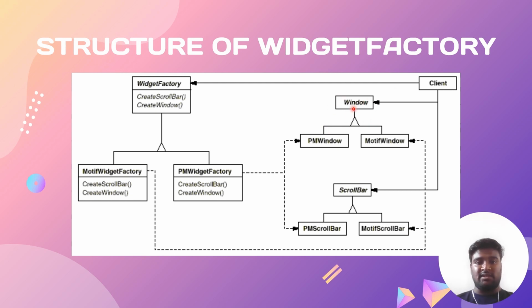This is the interface of the widget factory, and it has two other classes, for prime window and modifying window. This will be modified by the modify widget factory class, and the prime widget factory will modify these. This is the primary window and the scroll bar. This is what the client will access.